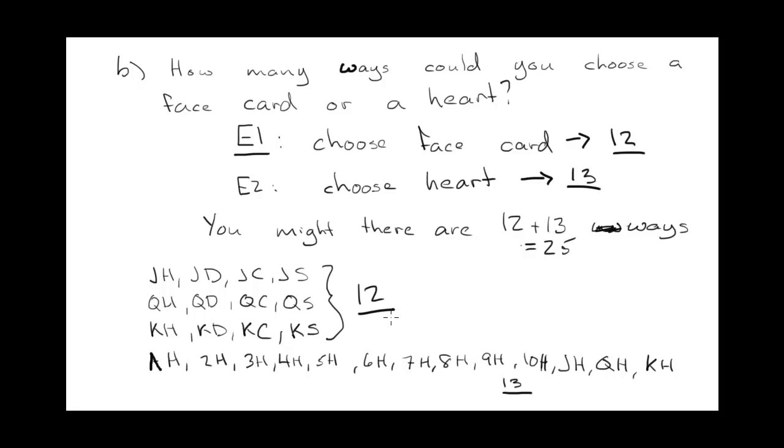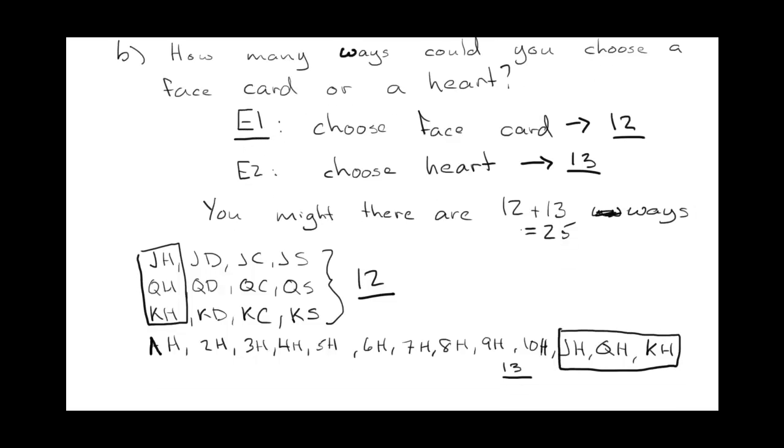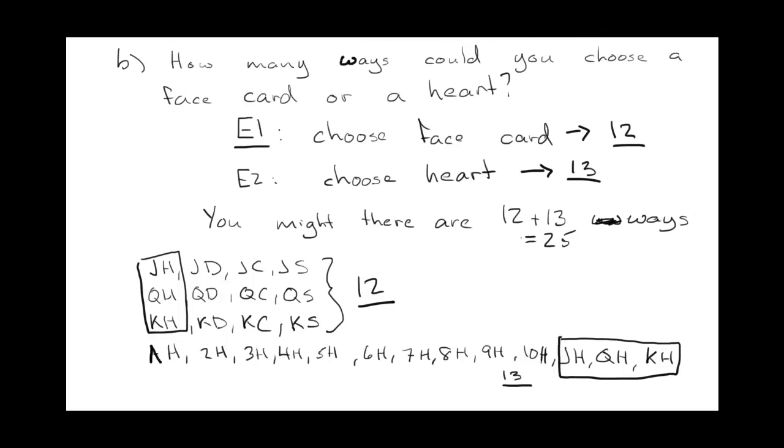And we said that if we add those together, we would not get the right answer. And hopefully you see why. The reason that you would not get the right answer is these three and these three are the same. We've double counted them. So does that mean the rule of sum is wrong? You can't just add the two events?